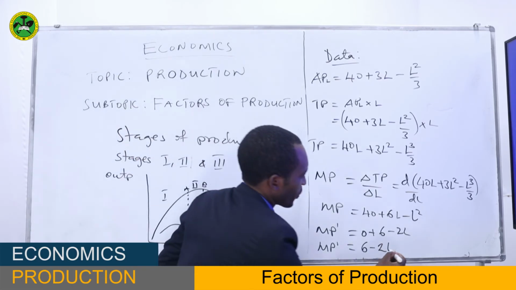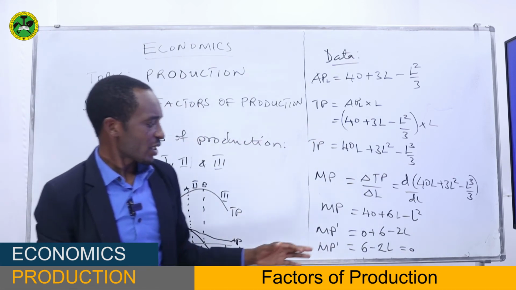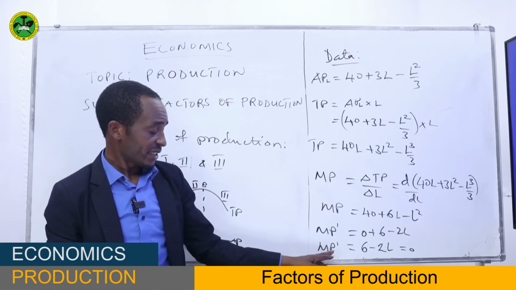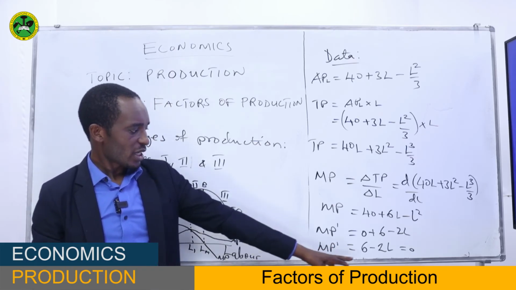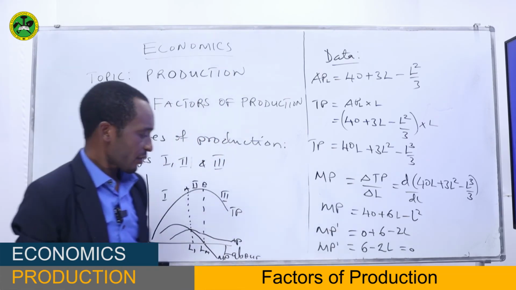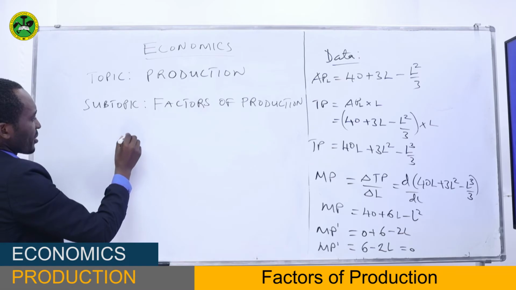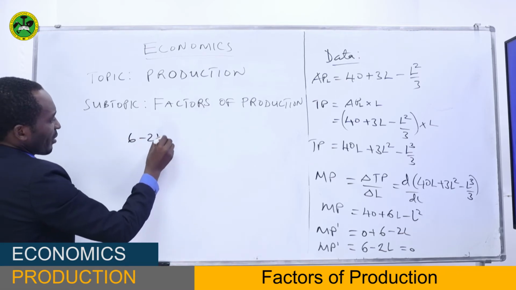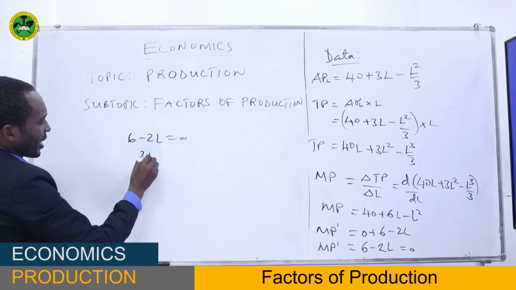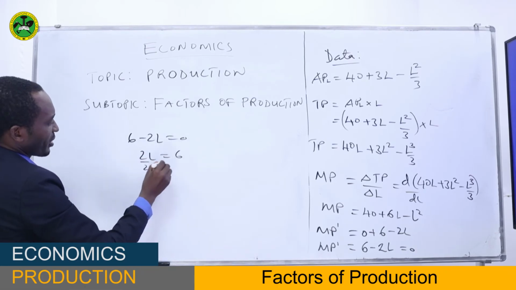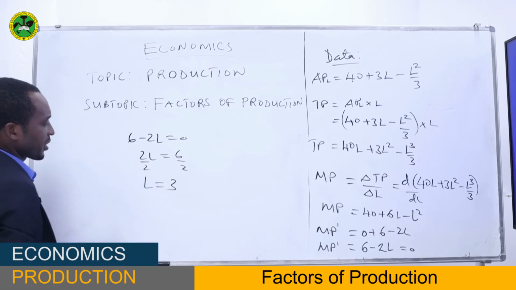So this one will be equated to 0. When the marginal product is maximum, the differentiation of the marginal product will be equal to 0. So when you equate to 0, 6 minus 2L will be equal to 0. Now when you find L, 2L will be equal to 6. So divided by 2, L will be equal to 3.